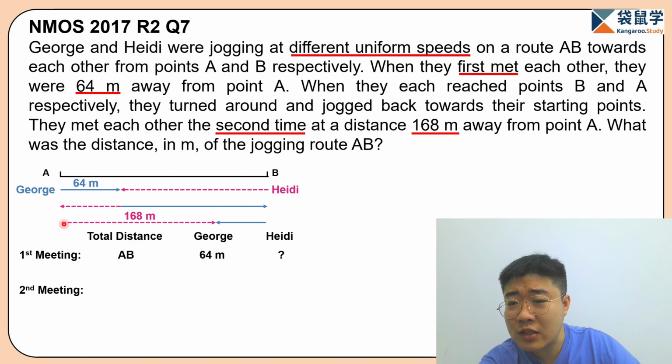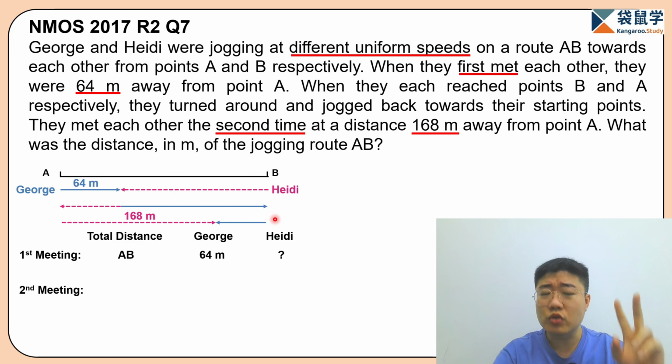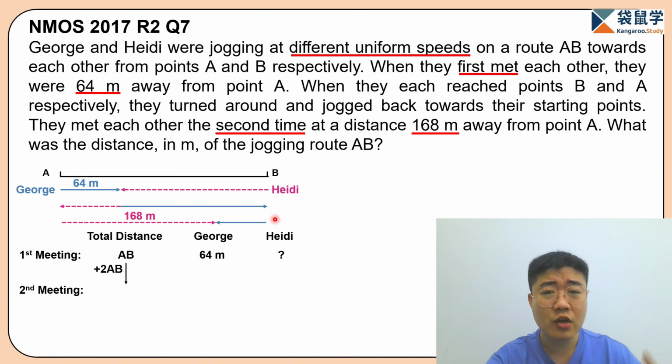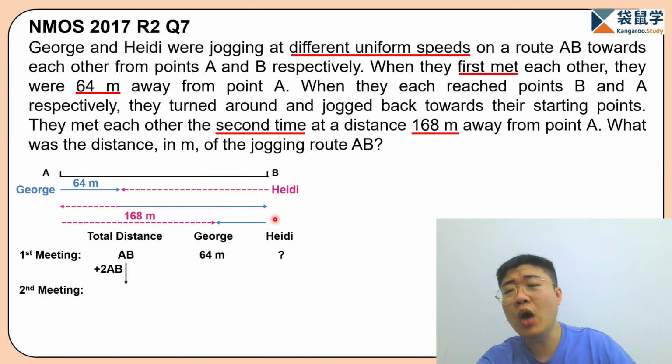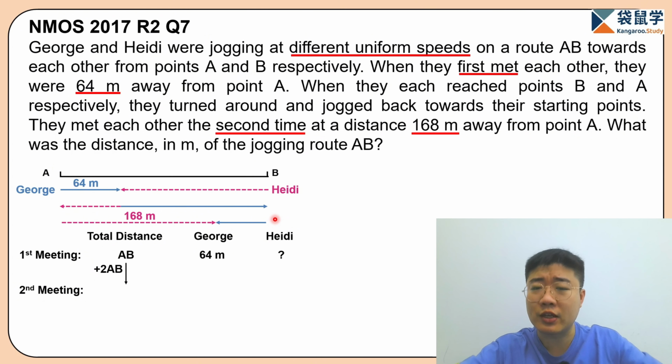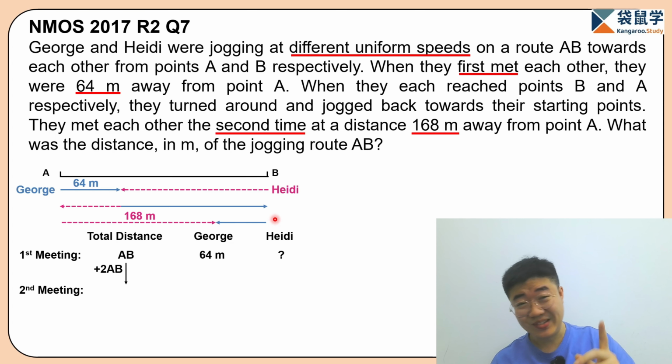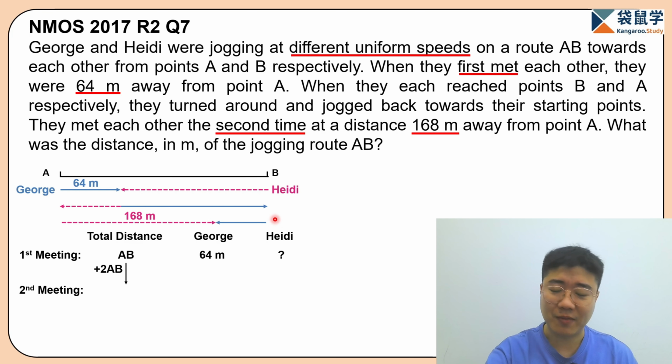And then after that, they didn't stop, they travel another times of AB. So altogether, they have traveled 2 additional AB here. So for the total distance, we added 2 more AB. So altogether, if it's from the very beginning until the time they met each other the second time, how many AB did they travel? So this will be 3 AB here.